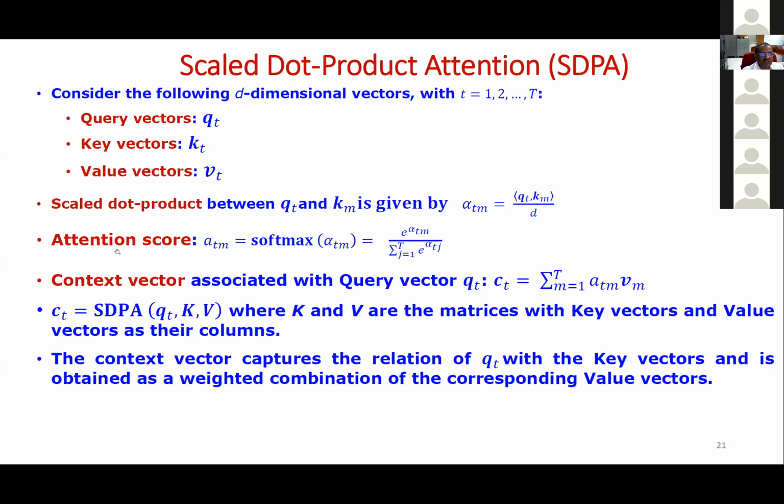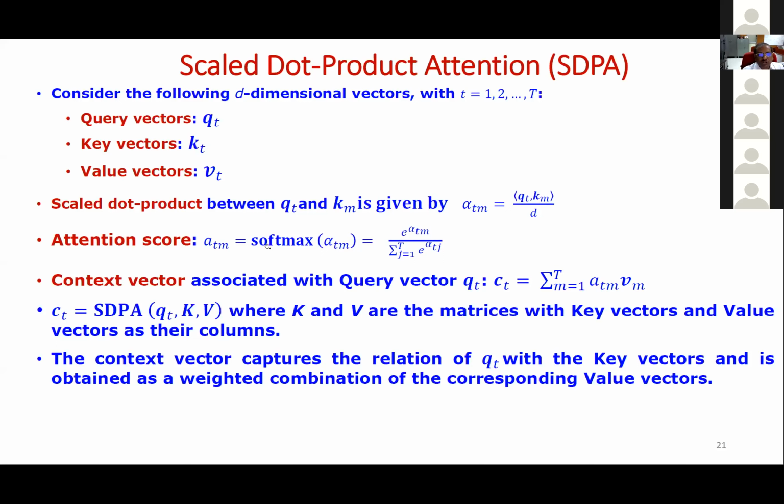Then we define what is called an attention score, where we map these scaled dot product values into values which are in the range 0 to 1. You can kind of indicate them as probabilities, but probability is not an appropriate entity here. I would say it's a measure of similarity on the scale of 0 to 1.